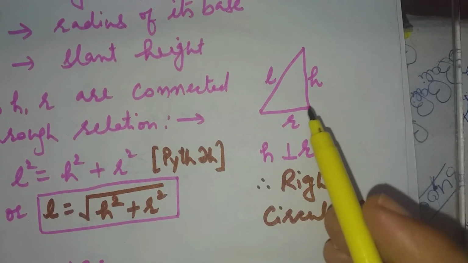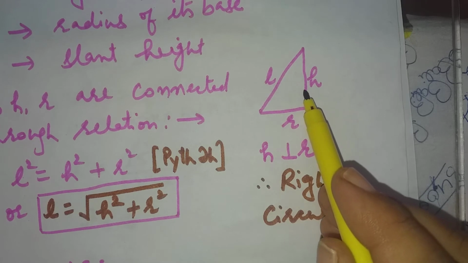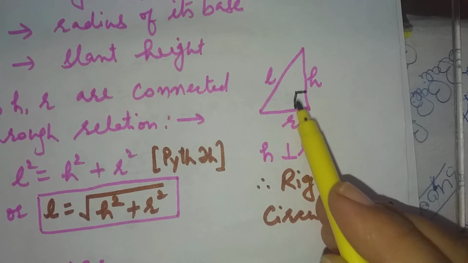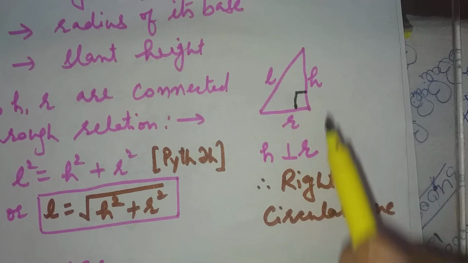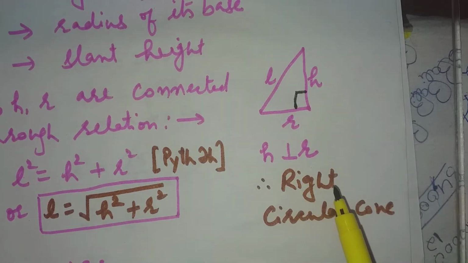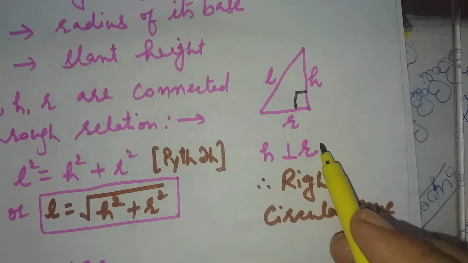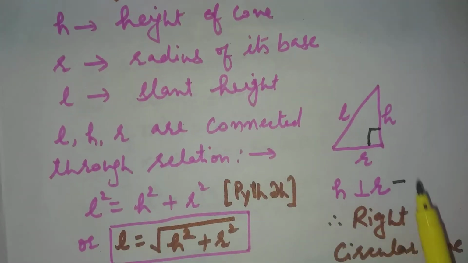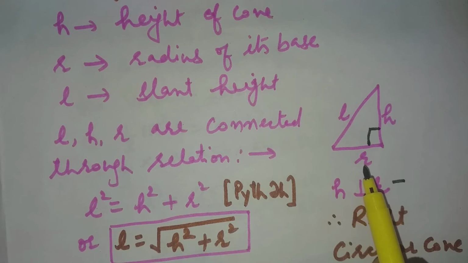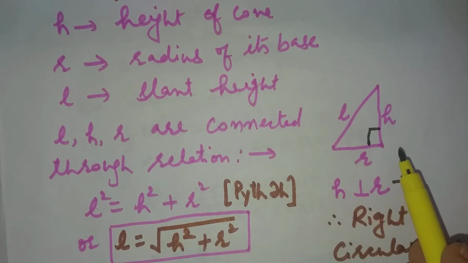Because of the right angle which is always made between height and radius. I have drawn one small right-angled triangle again. Because it is a right angle, with a circular base and conical shape, it is a right circular cone. Why? Because H is always perpendicular to R.